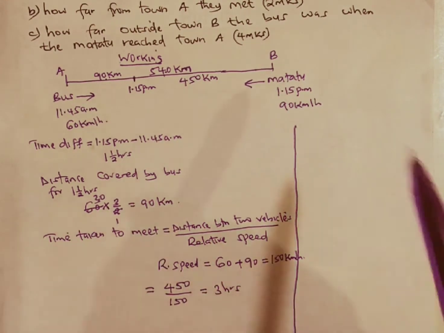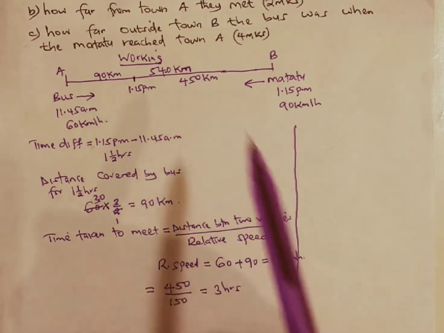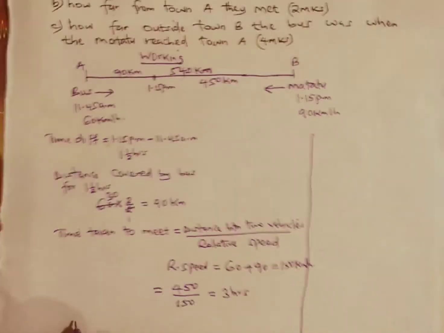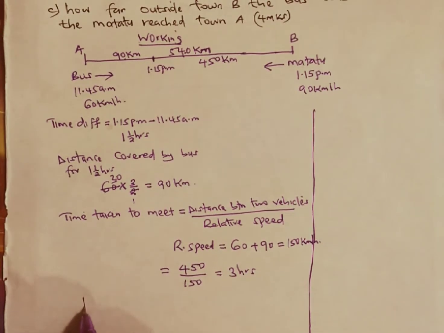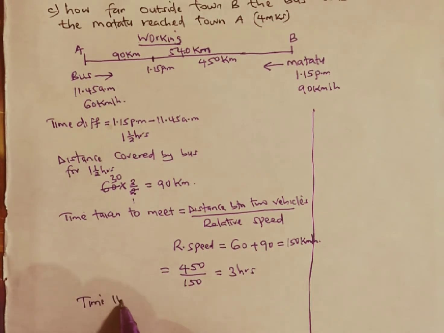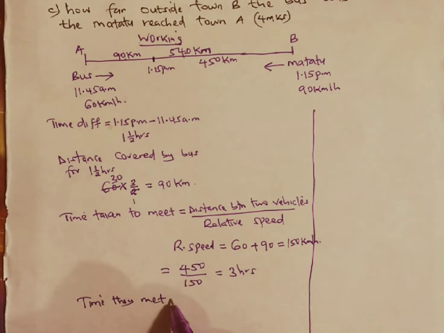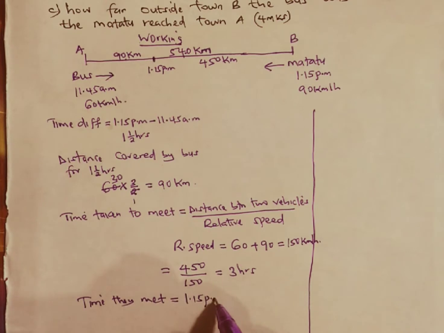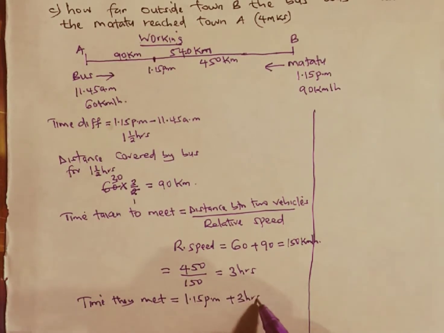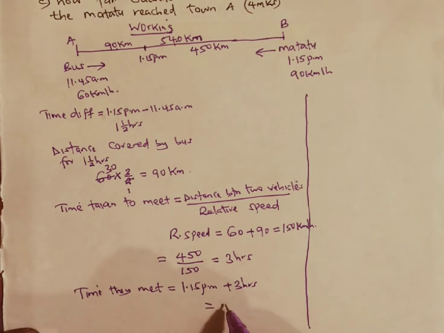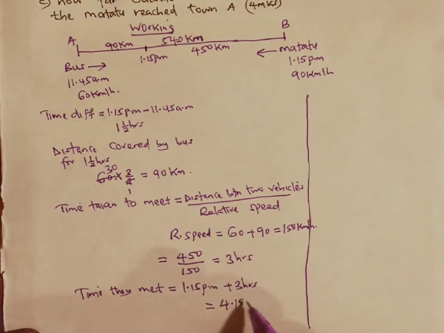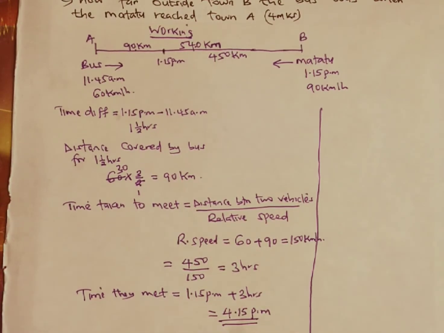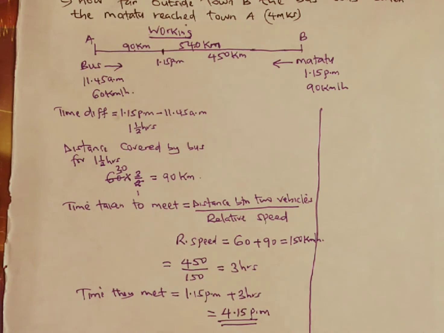So it means the time they took to meet is 3 hours, that is from 1:15. So to get the time they met, will be equal to, they started competing at 1:15 p.m. So you add 3 hours they took to meet, and this one is going to give us 4:15 p.m. on the same day, and by so doing you have worked out that particular part very well.